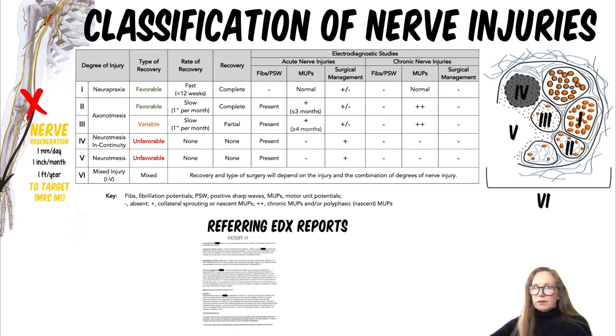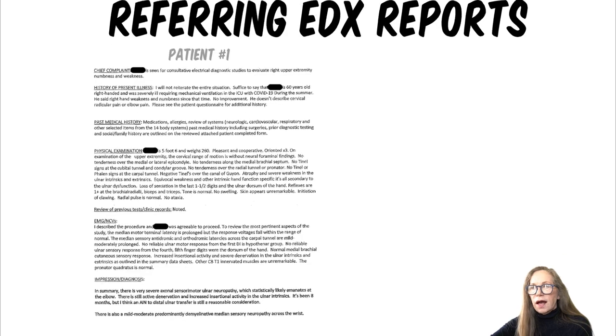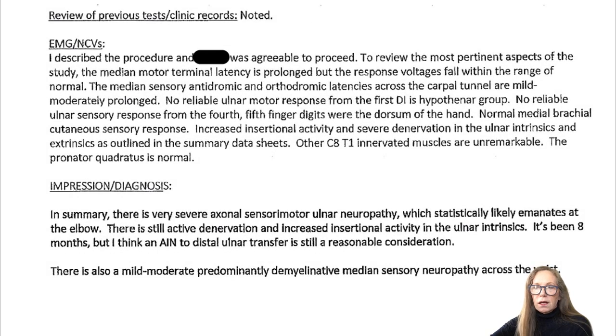Now we're getting into the electrodiagnostic studies. You may be so fortunate as to have a physician doing your studies who will give you the history, the physical examination, do the electrical studies, interpret the numbers for you, and actually even come up with something like this that says, in summary, this is a very severe axonal ulnar nerve problem.